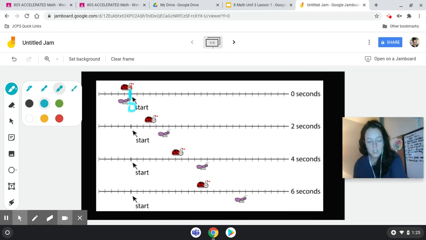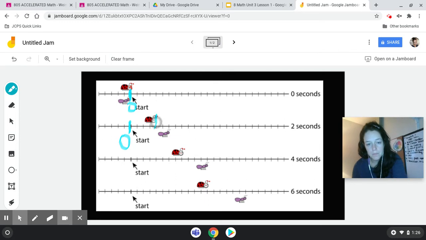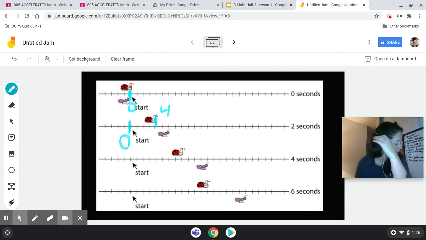Okay, so the ladybug, if you're using this point here as 0, he went, let's see, 1, 2, 3, we're going to say he went 4 units, right? 4 units, which I believe our units are centimeters. It doesn't say it on here, but that's what the question asks.